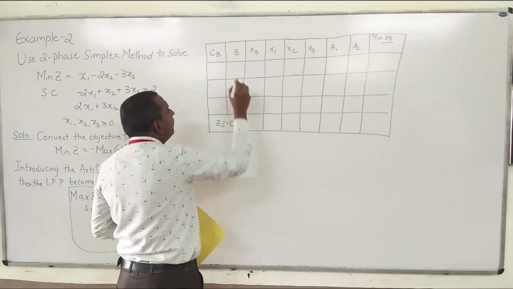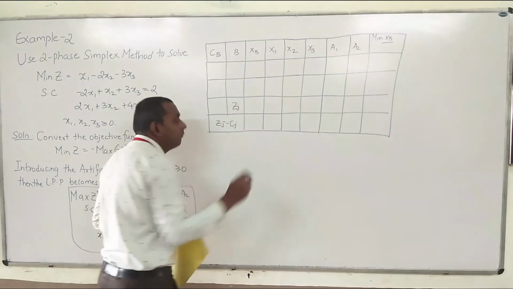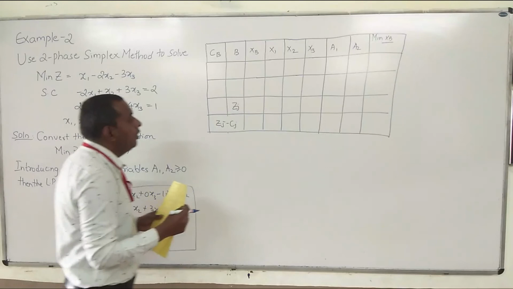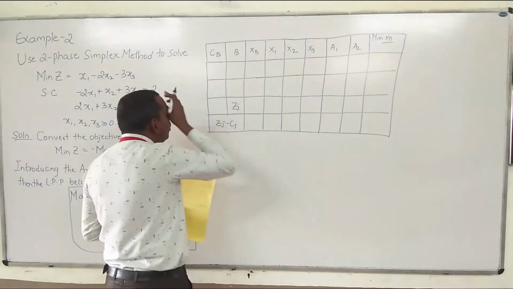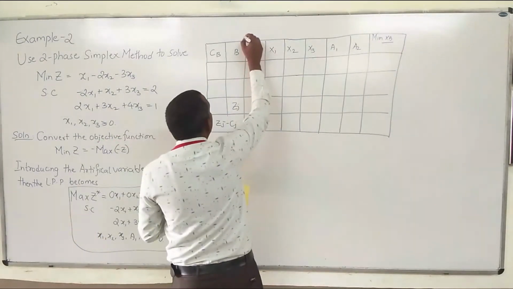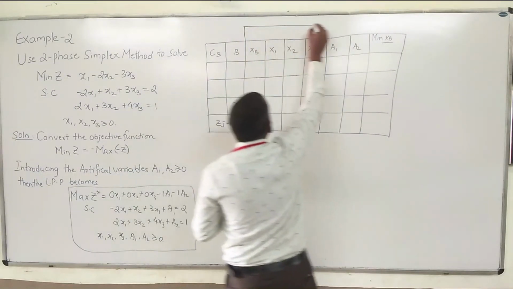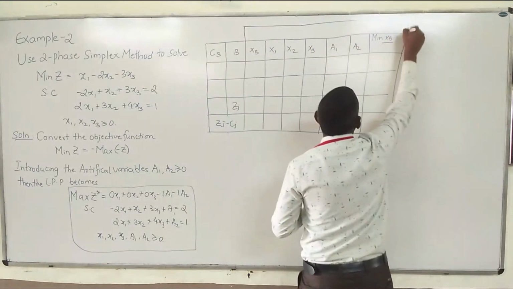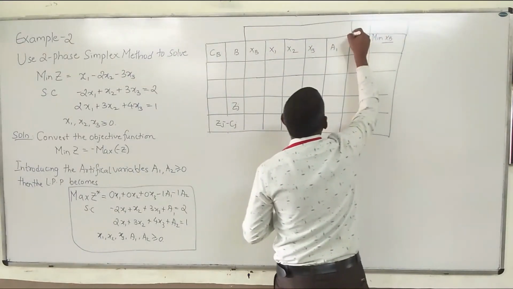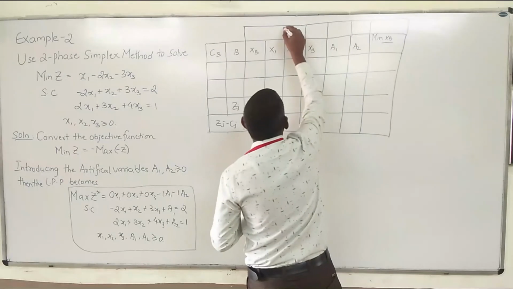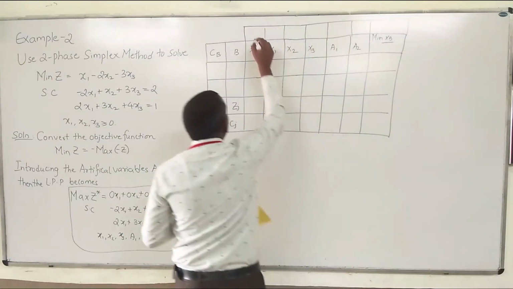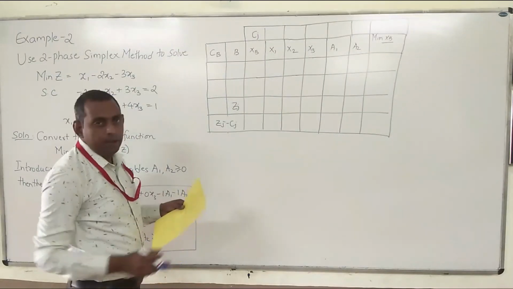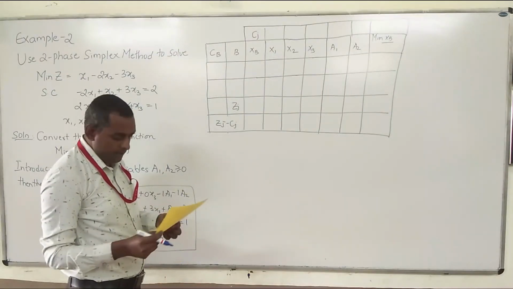Then assign cost -1 to the artificial variables and cost 0 to the other variables in the objective function. I will resume, then start writing the values in the simplex table.